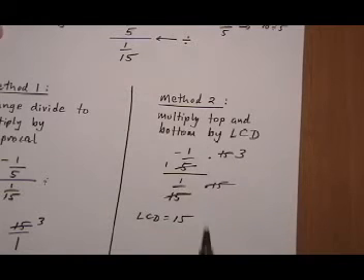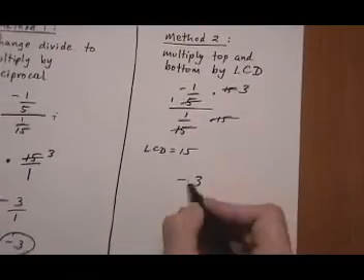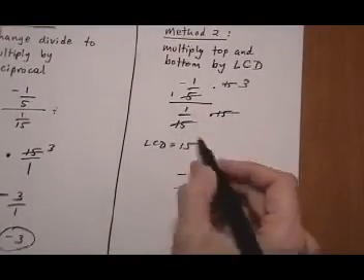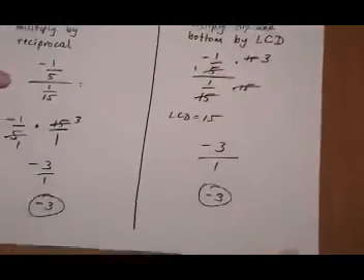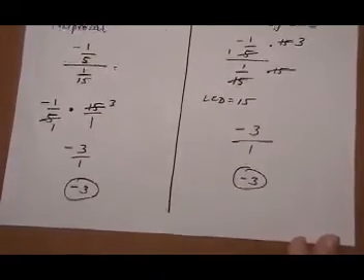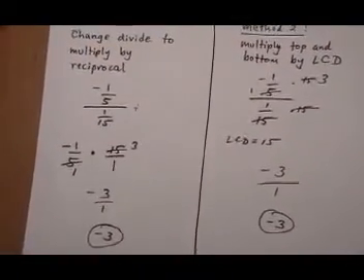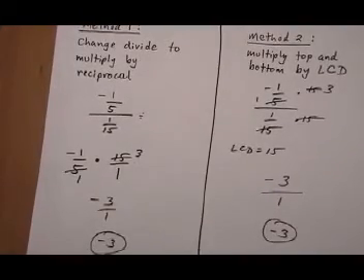Those are gone. Multiply across the top, we get minus 3 over 1. So the answer is minus 3 again. Both methods will give you the exact same answer. And like I said, I'm going to be doing method 1 for the remaining problems in this section.